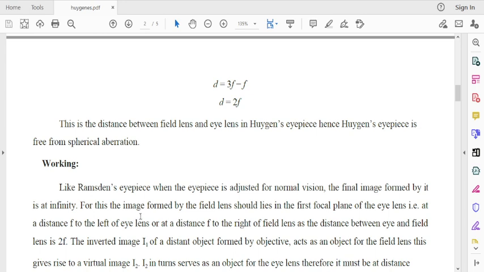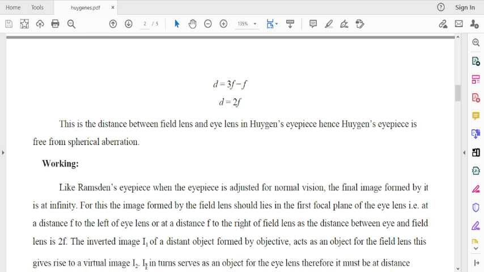Means that at a distance F to the left of the eye lens, or at a distance F to the right of the field lens, as the distance between the eye lens and field lens is 2F.